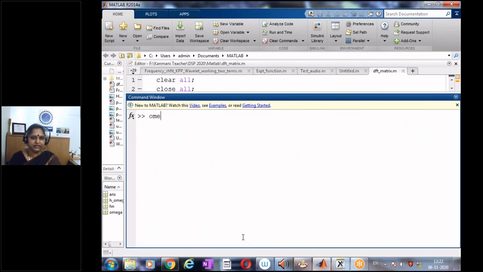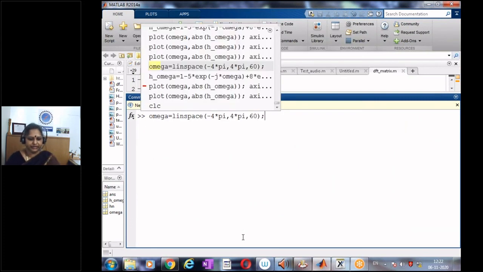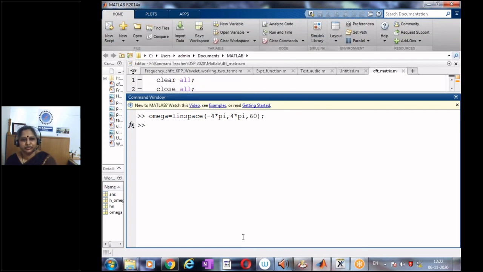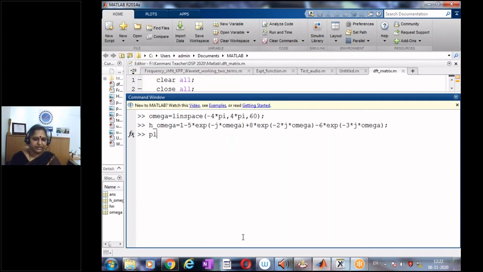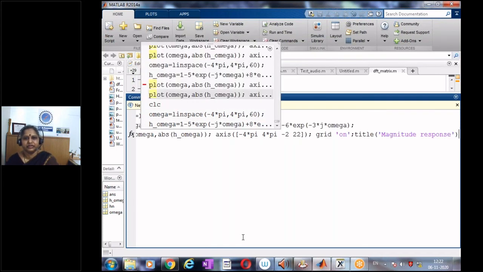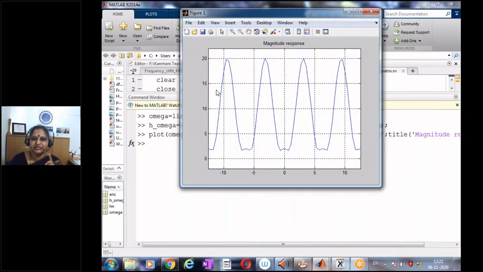So let's once again define our omega in the interval minus 4 pi to plus 4 pi, and compute H omega. And now let's try to plot the result and see the plot. See, once again it's periodic.